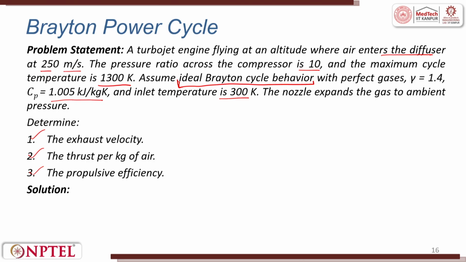What we have been given here is the temperature of the entry as 300 Kelvin, the inlet temperature. So, if I try to draw this nozzle just like the previous diagram, it is something like this, where the inlet temperature T1 is 300 Kelvin and the velocity where the air enters the diffuser is 250 meters per second, that is V naught is 250 meters per second.